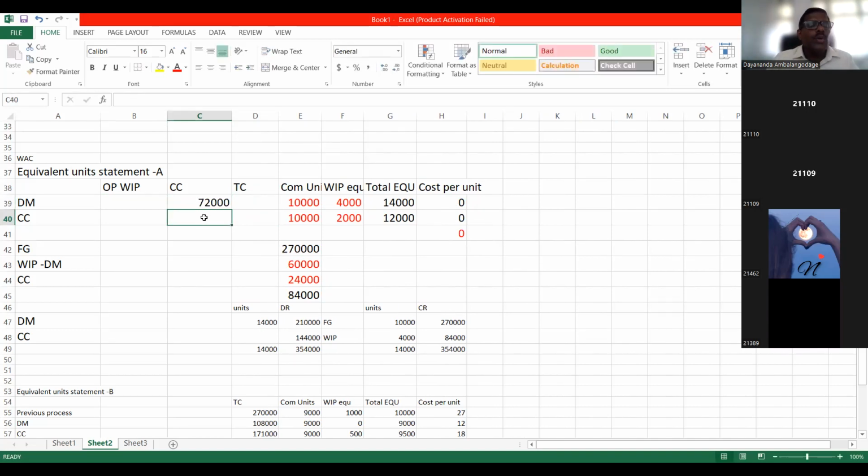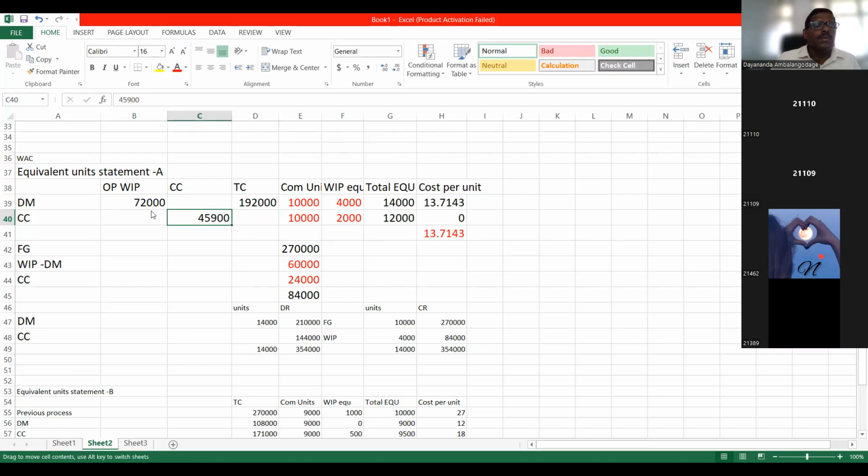Here you have 45,900. And the current cost given in the question, of course, 16,000 units, 14,000 completed, 192,000. And also, I'm sorry, opening WIP is this, no?